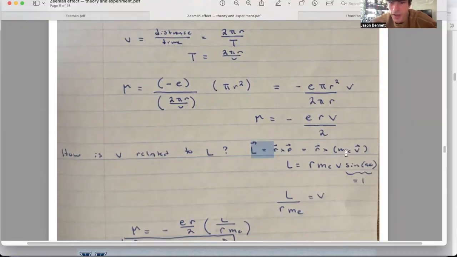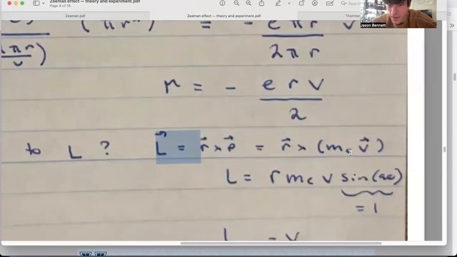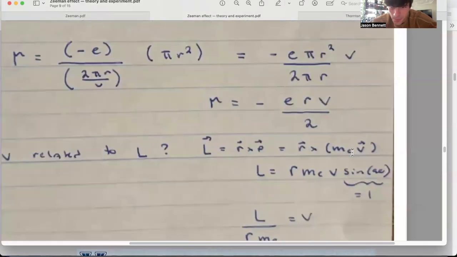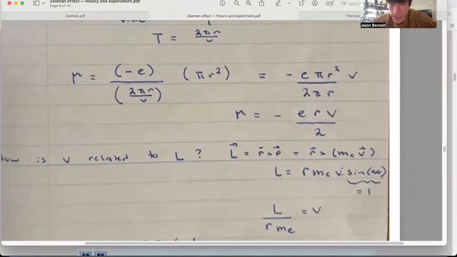So r cross mv, that's an e, the mass of the electron. And because these two things are at 90 degrees to each other, we can use the cross product magnitude. So instead of rp, it would be rp sine theta. Theta is 90 degrees, so sine of 90 is 1.